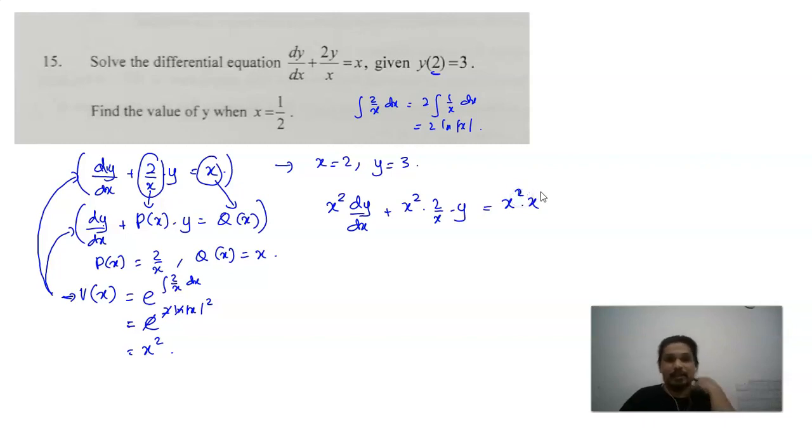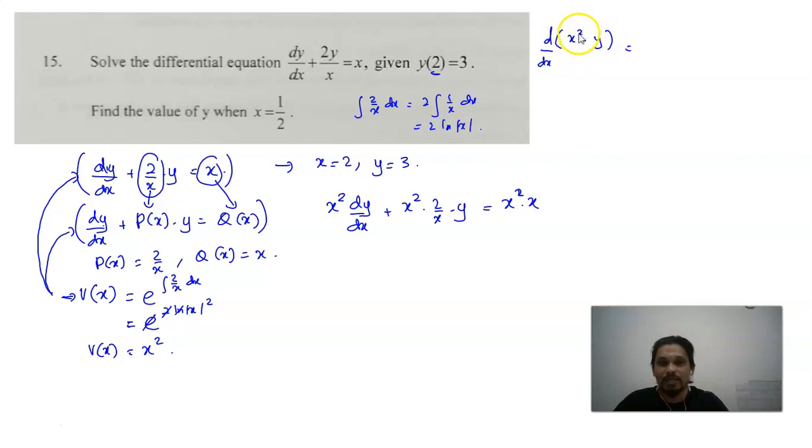Class, let's take a look at this one here. If I derive with respect to x of v(x), x squared here, and then y. Let's expand this one by one. Derive x squared times y with respect to x.